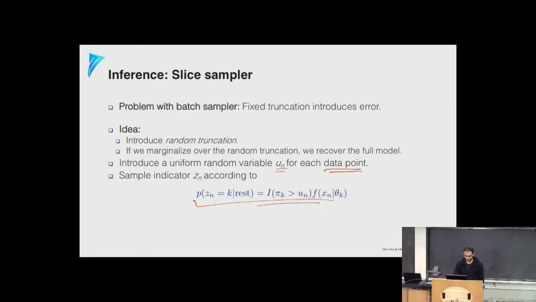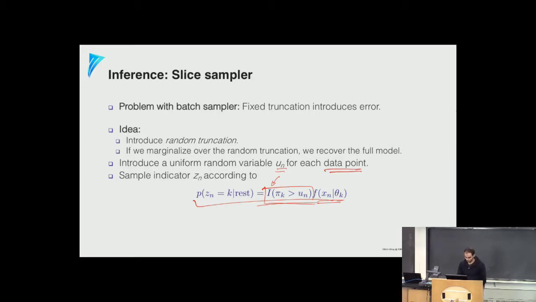Where I is the indicator of whether pi k is greater than u_n. So given a fixed u_n for the data point n, we can compute this thing, right? And then it will be either 0 or 1, because it's a binary indicator, and then we can multiply it with the corresponding likelihood. So this posterior distribution would be proportional to that.